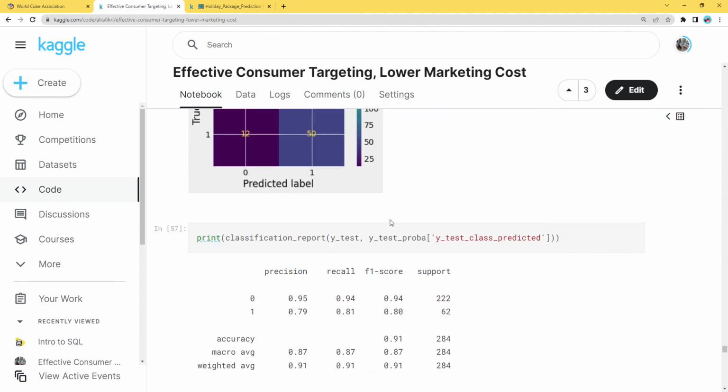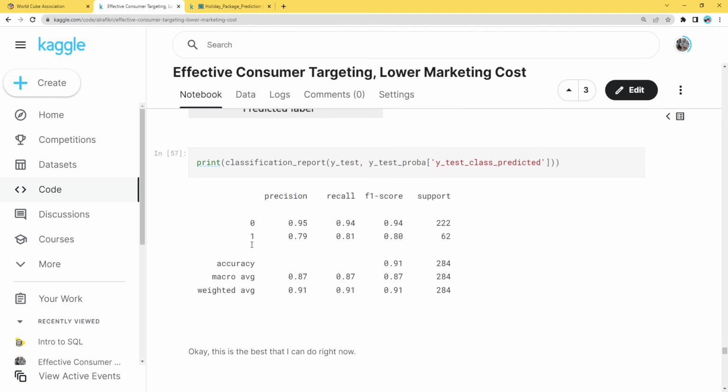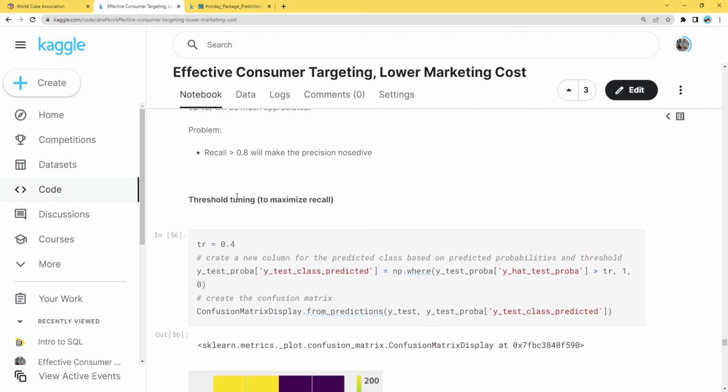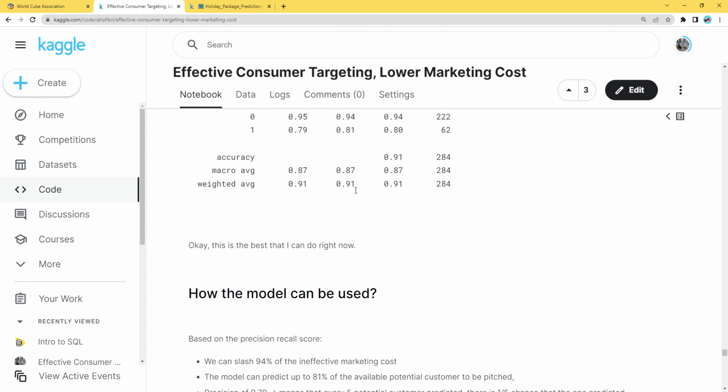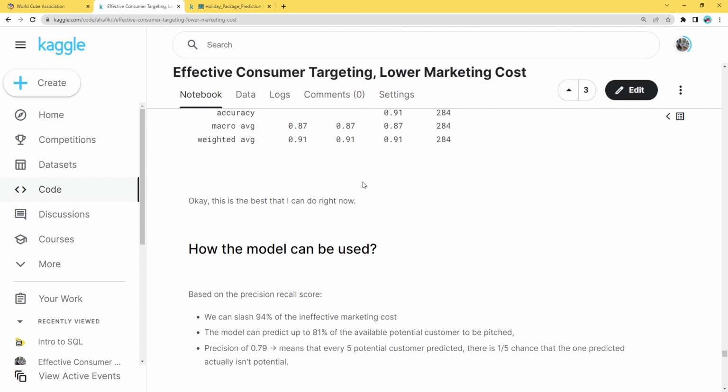The model can predict much better with a 40% probability threshold. So the precision actually increased to 70% and the recall increased to 80%. And the negative prediction increased a little bit too. And basically that's the model.